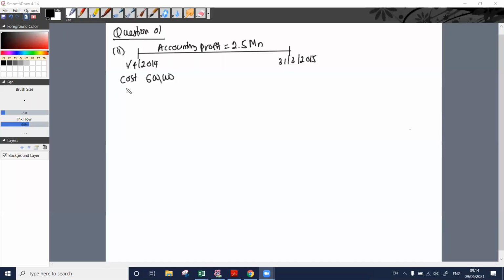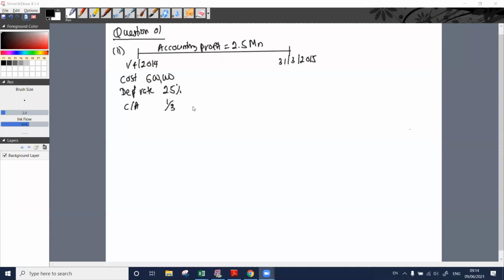Capital allowance rate, I will say 1/3. 33.33% කිව්වත් එකයි 1/3 කිව්වත් එකයි.